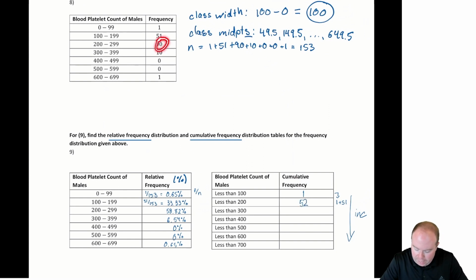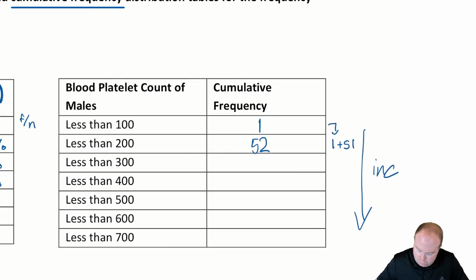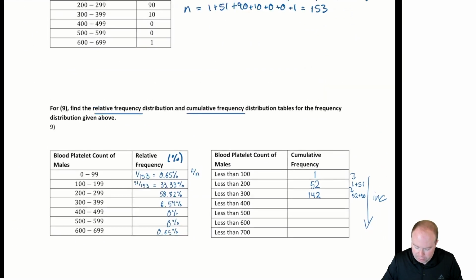And then we have 90. So the next one's going to be the 52 from right there, plus the 90 in the third row. So that's going to be 142. And again, you could continue down this pattern.